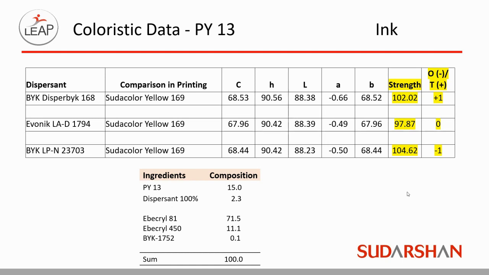And what that results in is a different strength, anywhere from 98 to 104%, as well as opacity. We can get a more opaque or a less opaque, depending on which direction you're looking at, just by switching out the dispersant in here. So these finishing techniques need to be matched up with the dispersant as well.